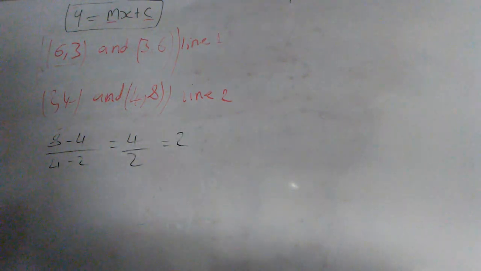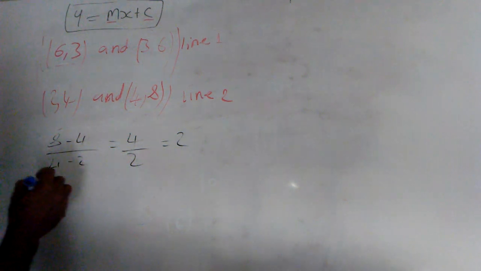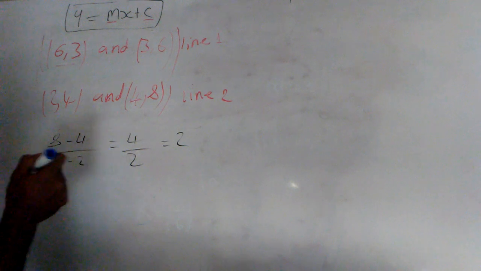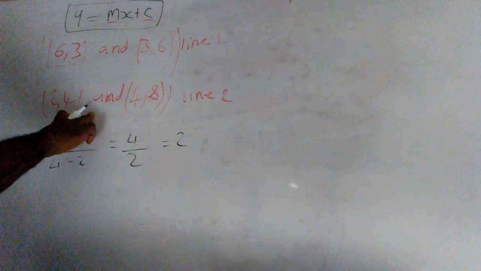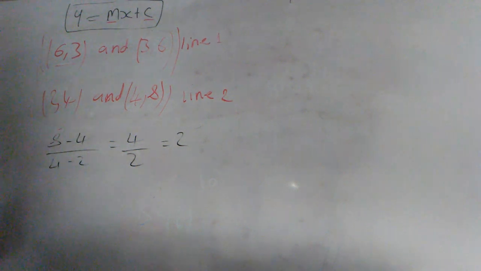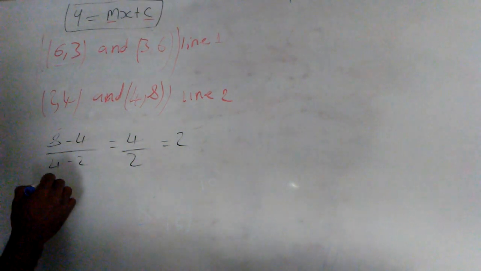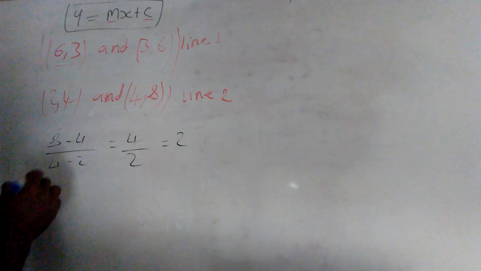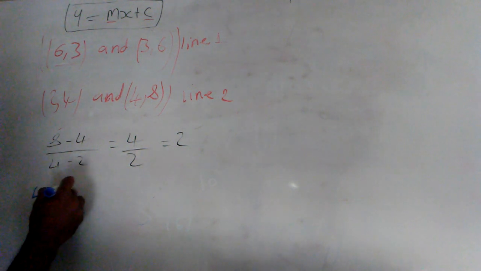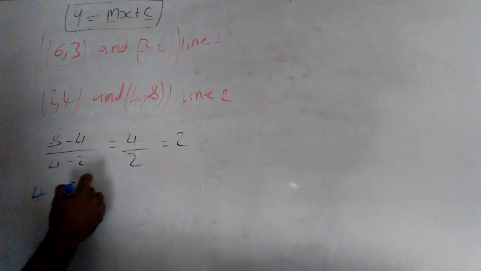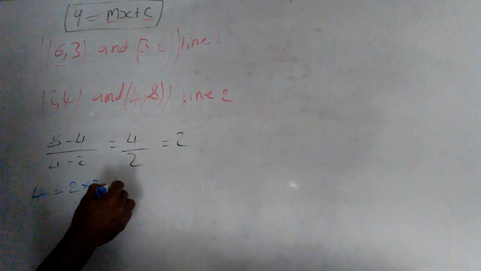So what we'll do now is we will find the equation of this line. We'll use any one of these coordinates to find c. So 4 will be equal to 2 times 2 plus c.